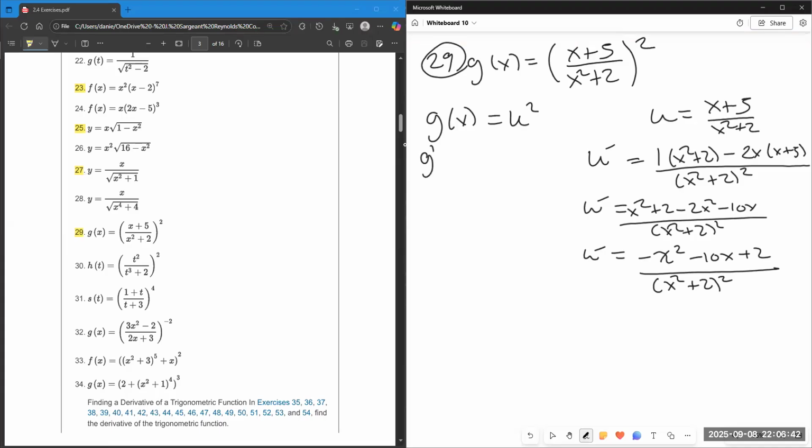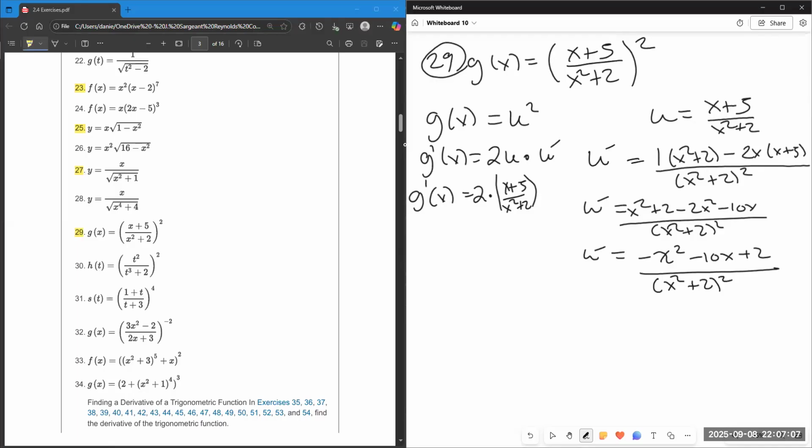So g prime of x is 2u times u prime. G prime of x is 2 times u, x plus 5 over x squared plus 2, times that stuff.